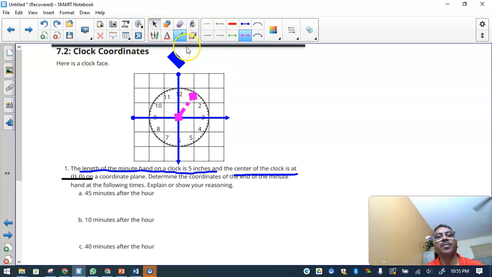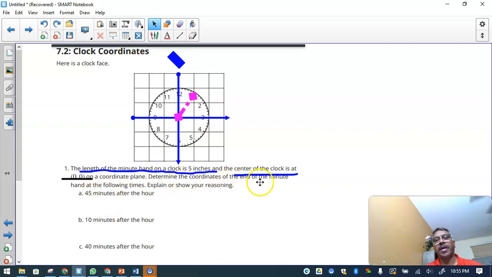So now the first question is, determine the coordinates of the end of the minute hand at the following times. That means, let's say if it is 45 minutes after 1 hour.